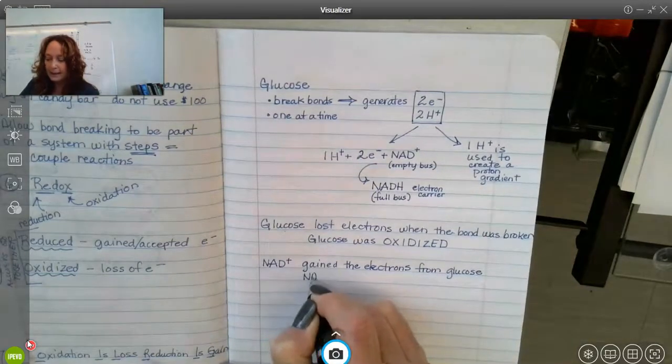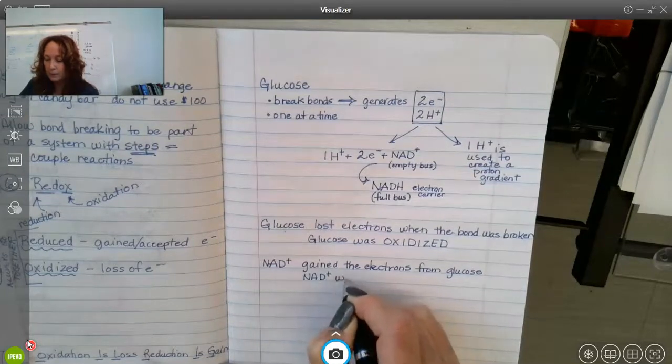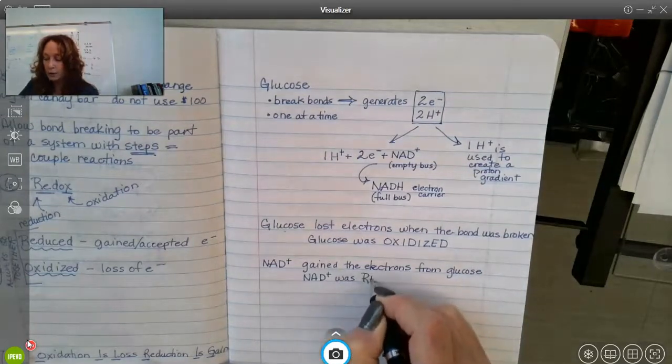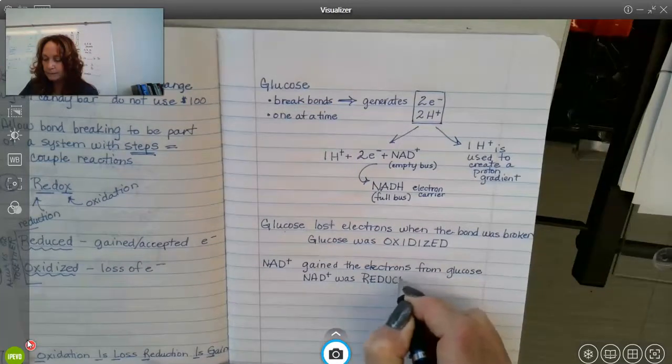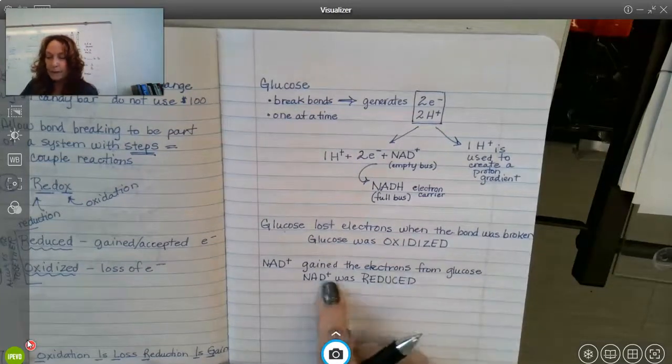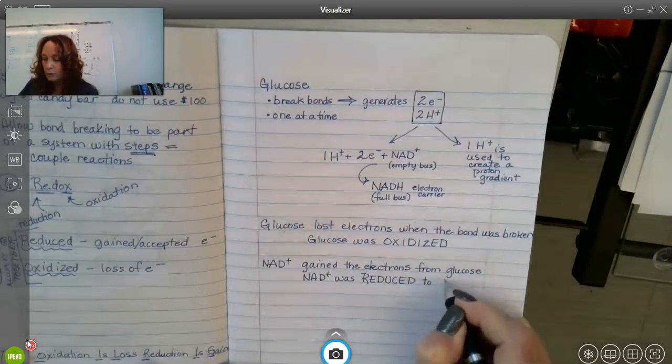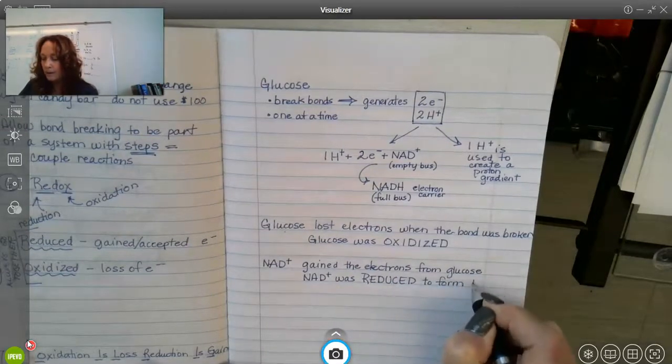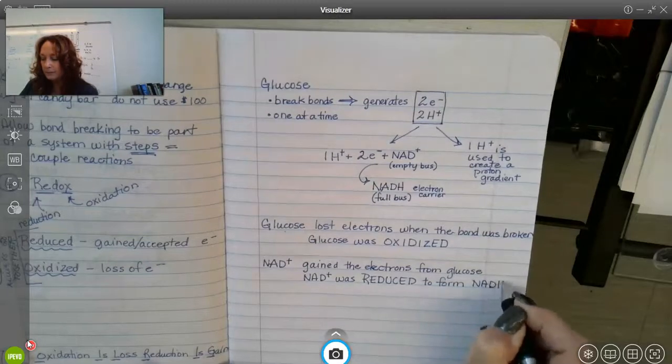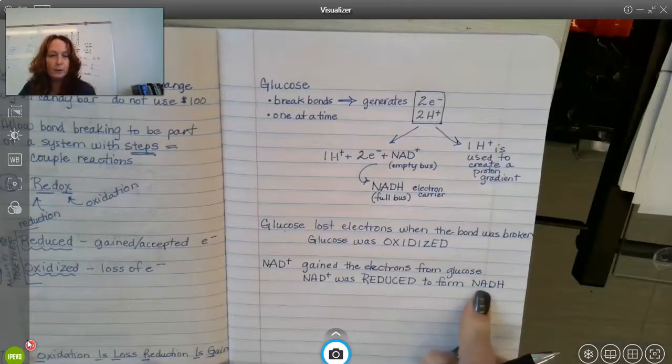So NAD was reduced, and because where the electrons go, the hydrogen does too, to form NADH. This is the full bus where it gained the electrons.